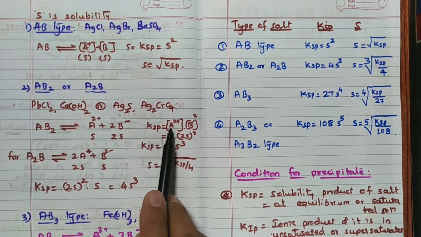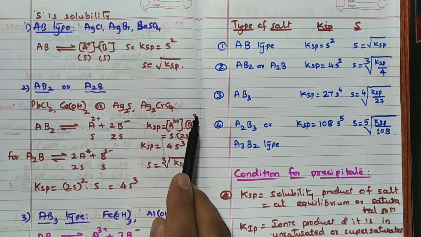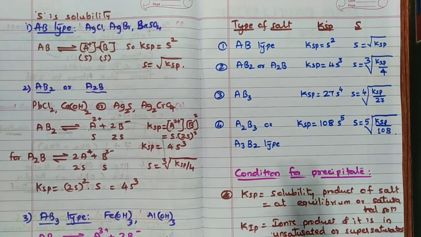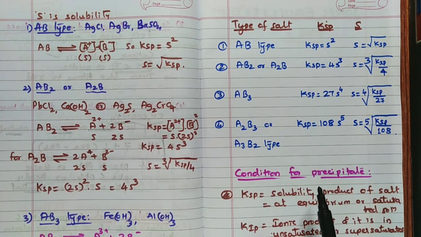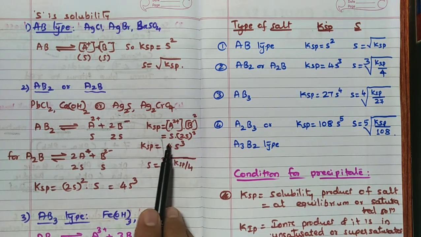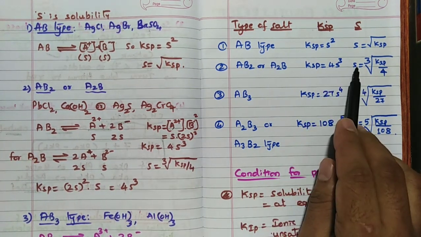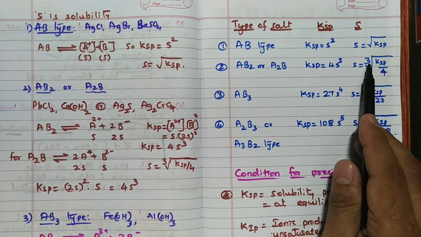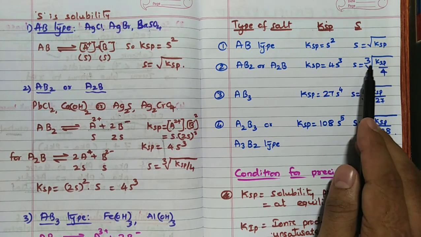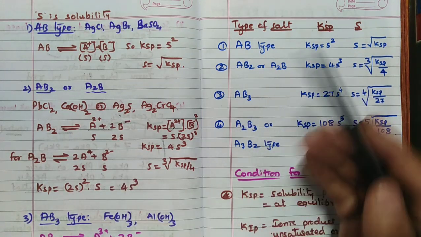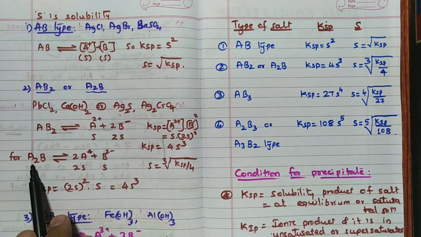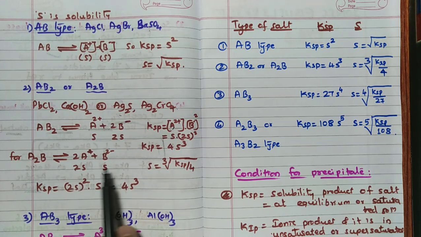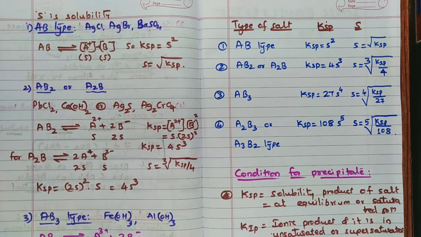Now the Ksp formula: A2 plus into B minus raised to the power 2, with the appropriate power depending on the balanced chemical equation. S into (2S) square, nothing but 4S cube. S is equal to the cube root of Ksp divided by 4. Remember this formula, and this is the way to arrive at it. A2B also gives the same, you can see 2S and S, so there is no change in the formula, 4S cube.